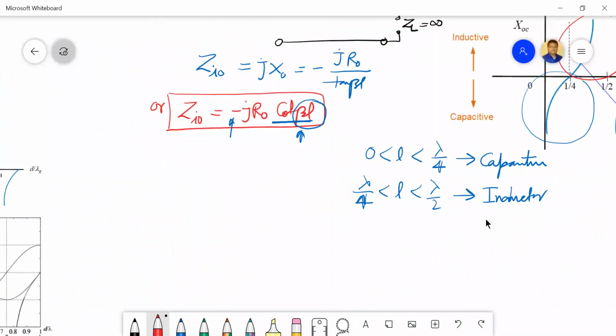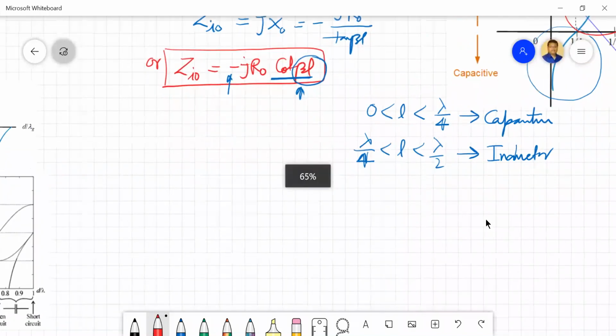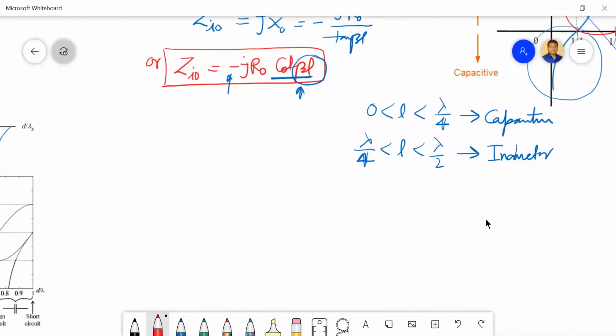Right. So let us take one case, and let us assume that tan beta L, where beta L is very much less than 1, means a very small element I'm talking about. So tan beta L I can write as beta L. Can I write?